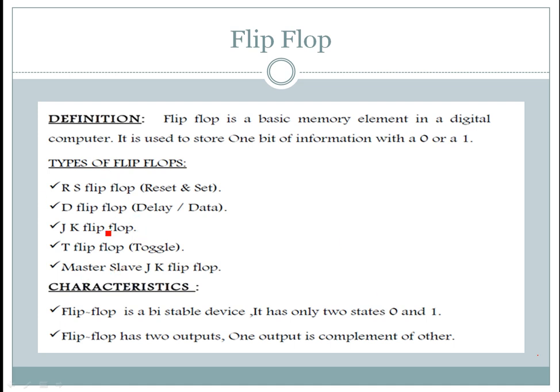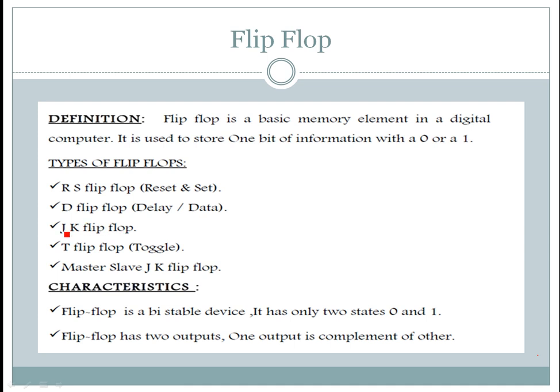And these are the types of flip-flops. First one is the RS flip-flop. Here R means reset, S means set: reset and set flip-flop. Next one is the D flip-flop, the delay or data flip-flop. And next one is the JK flip-flop.